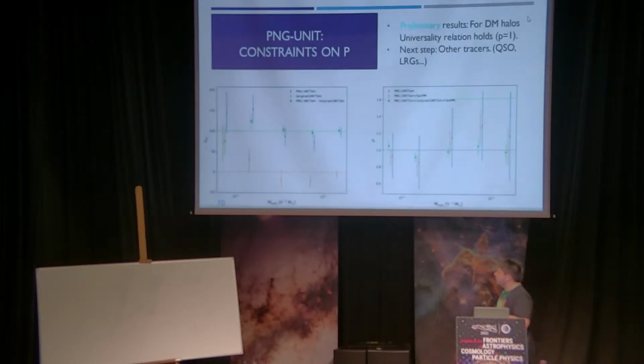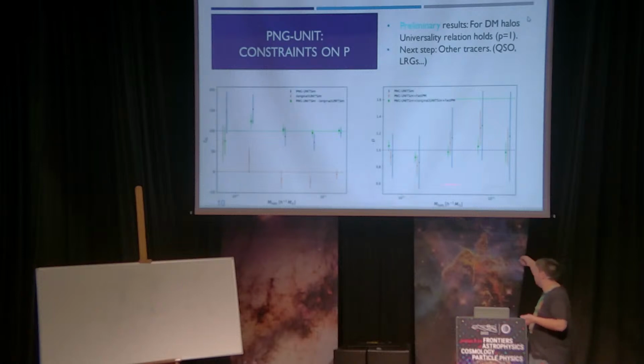And finally, we also have used the matching between the Gaussian simulation and the non-Gaussian simulation, because if you have a measurement that favors a higher value of f_NL in the Gaussian simulation, this also appears in the non-Gaussian simulation. So you can use this correlation to get a better estimation, not only on the f_NL parameter, but also on the p or b_phi parameter.